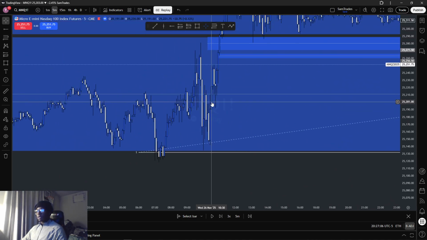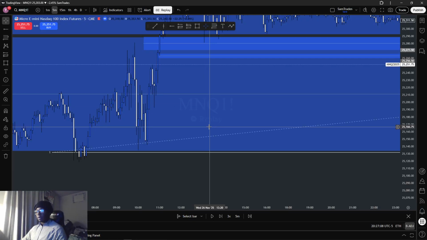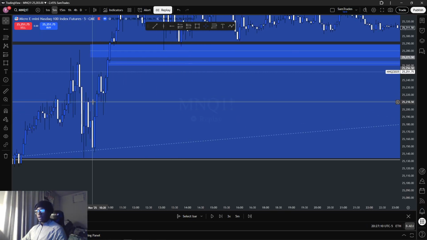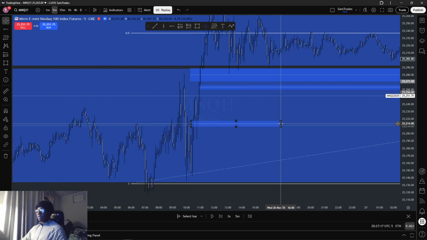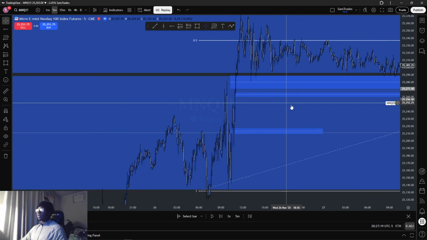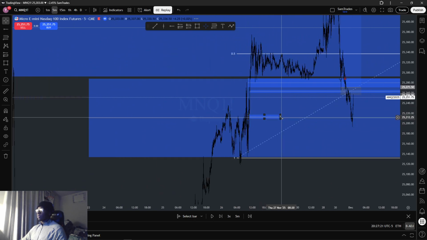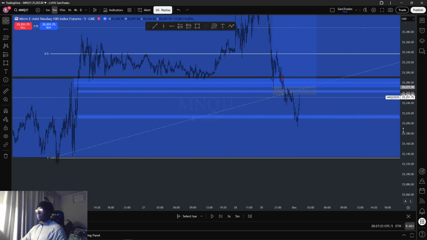So yes, there was a gap and it was tapped into. So I guess you can do that. But I feel like the only reason why is because I didn't know how low it's gonna go inside of this, and I didn't want it to go past the level.